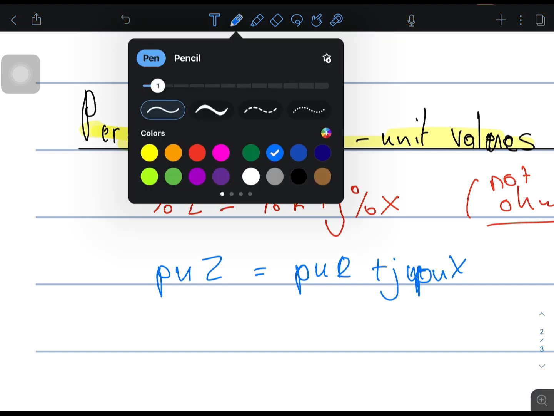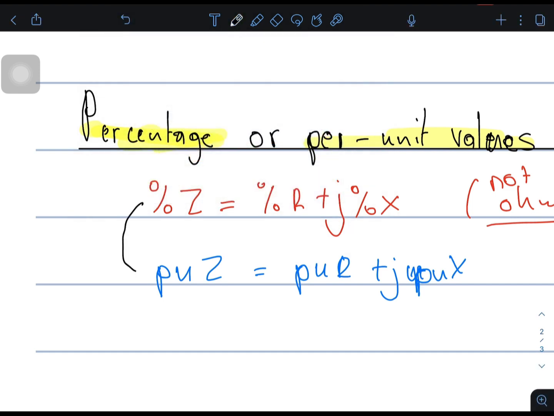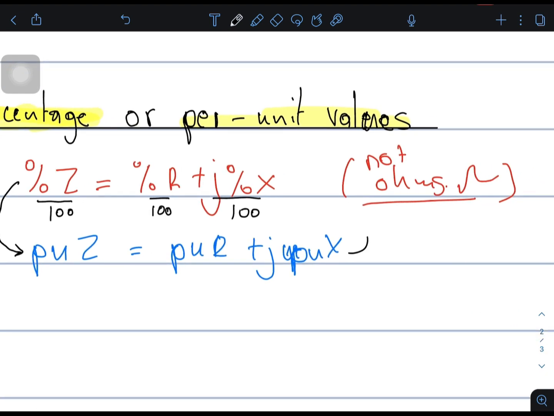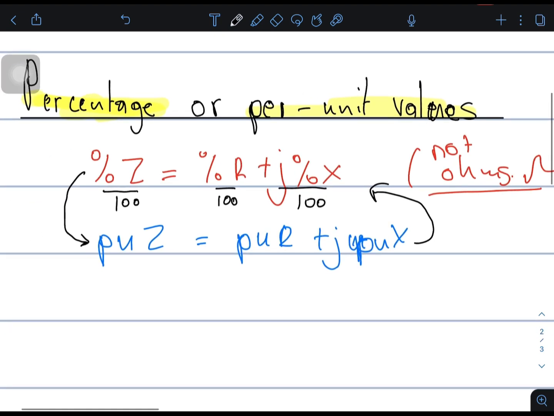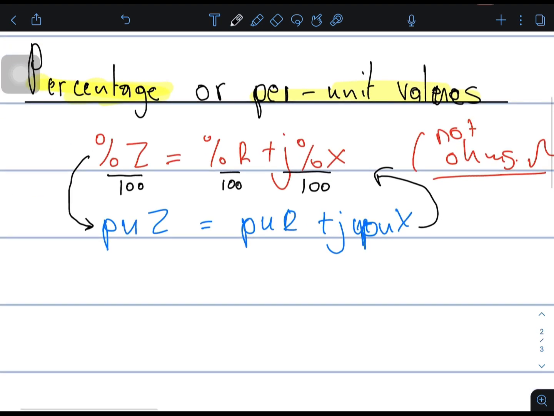The question is, how do you go from this to that? The answer is we divide each by 100, and then it will be in per unit value. How do we go from per unit value to percentage values? We multiply each by 100.